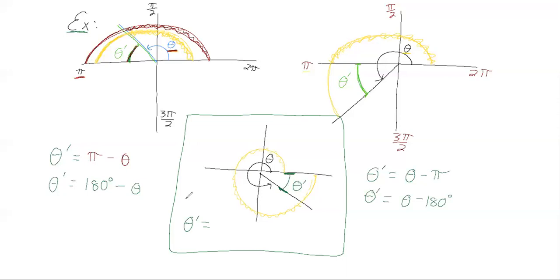Then I'm left with this reference angle, right? So what is theta prime going to be in radians? It's going to be 2 pi radians, but take away what? Theta. How about degrees? Theta prime, the way we find that, it's going to be what? 360 degrees minus theta.